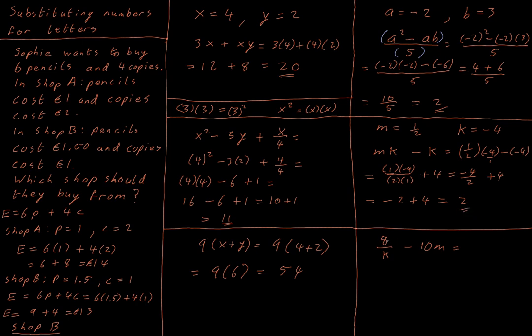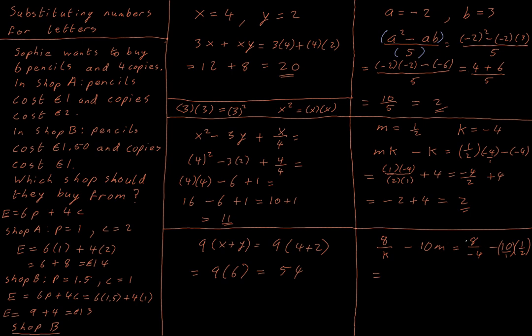And then finally, I have the same meaning for k and m as I did up here. So I have 8 divided by k. So 8 divided by minus 4 minus 10m. 10m means 10 multiplied by m, so 10 multiplied by a half. And that means that this is really 10 all over 1 multiplied by a half.